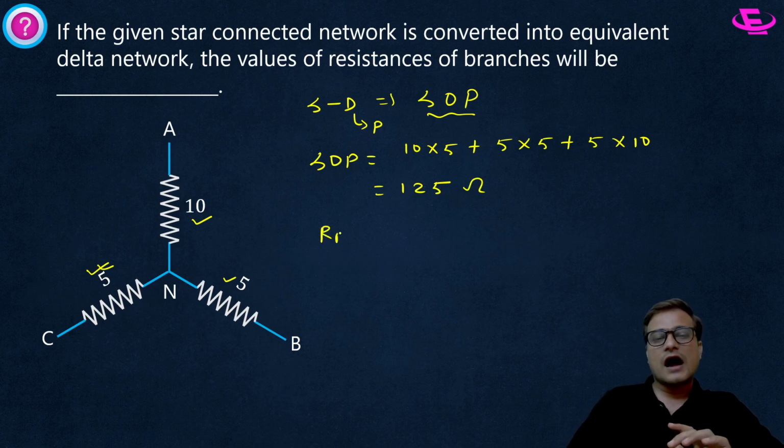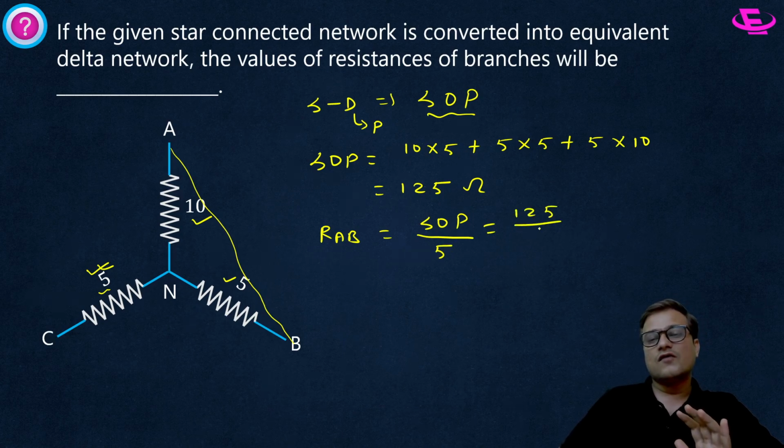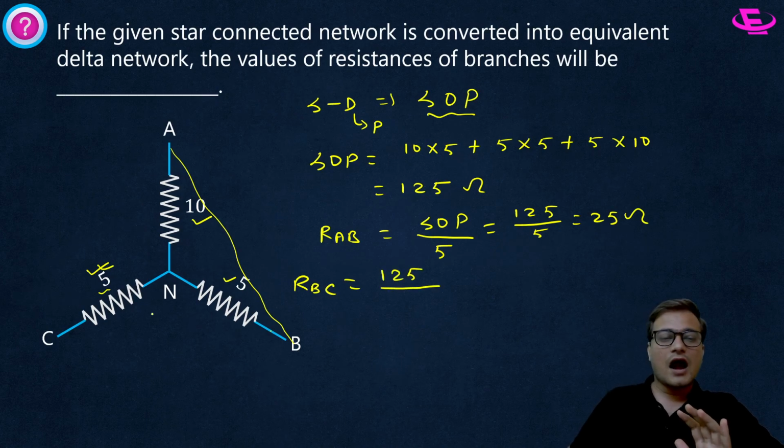Now if you write RAB, what will happen? The sum of products will come at numerator and at denominator for RAB you will divide by RC, that means 5. So it will be 125 by 5, that means 25 ohm. Next RBC will be again sum of products 125 divided by 10.